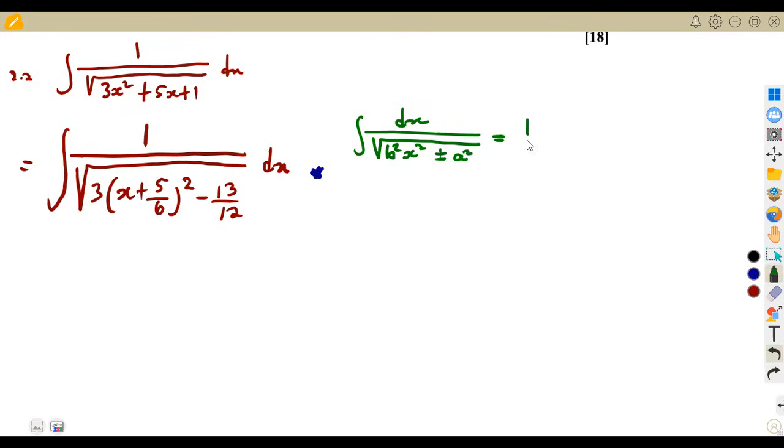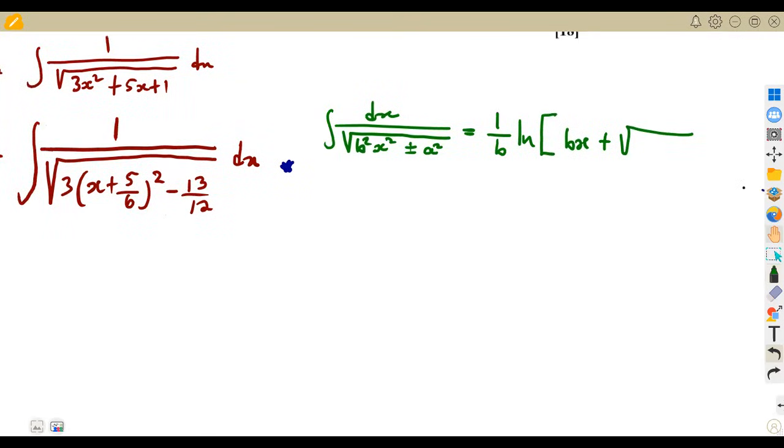So it is equal to 1 over b, the ln of bx plus the square root of b squared x squared plus or minus a squared, plus the constant of integration. I think I worked with this formula in another class. That's how we integrate something of this nature.